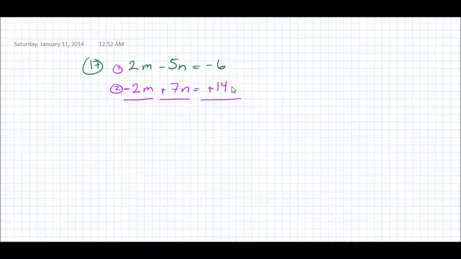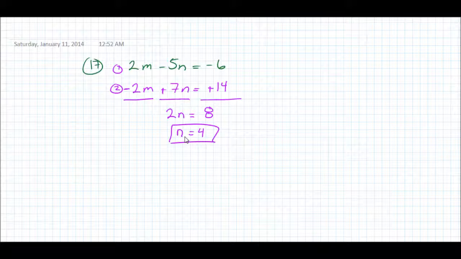So 2m minus 2m goes to 0. Negative 5n plus 7n is 2n. Negative 6 plus positive 14 would be positive 8. So 2n equals 8. Divide each side by 2, so n equals 4. Okay, plug that back into number 1.